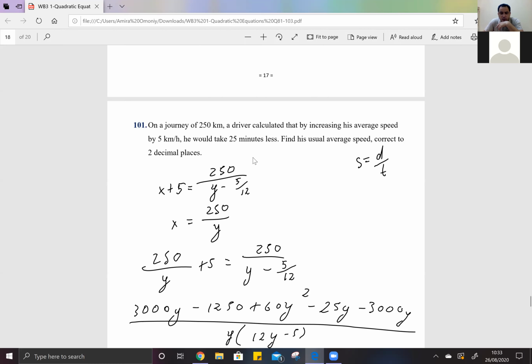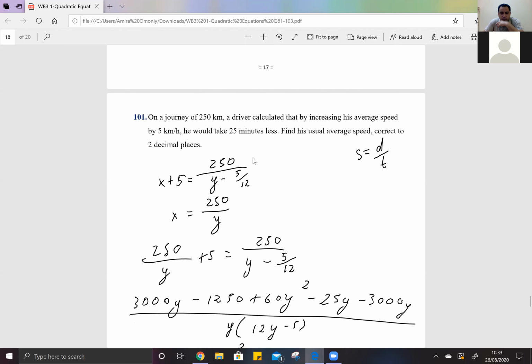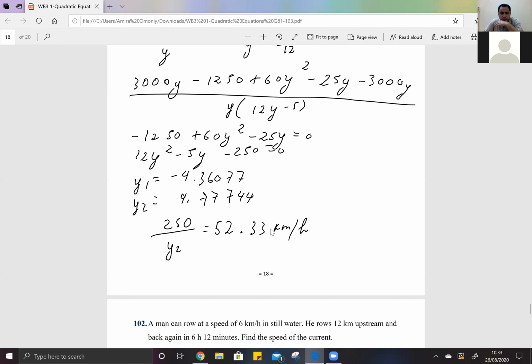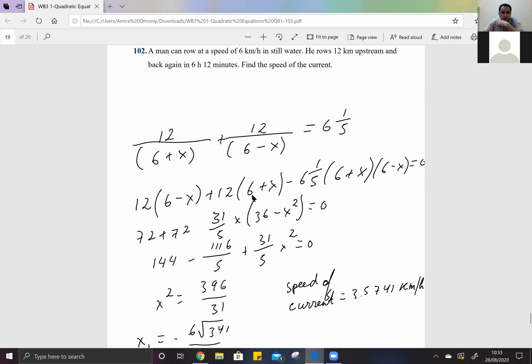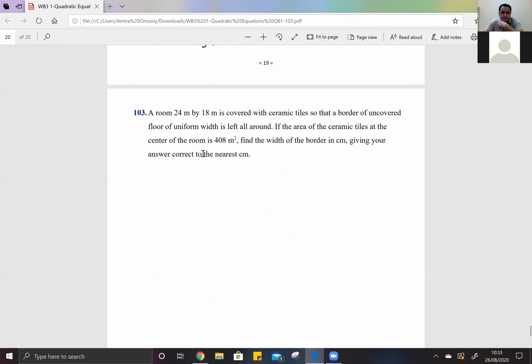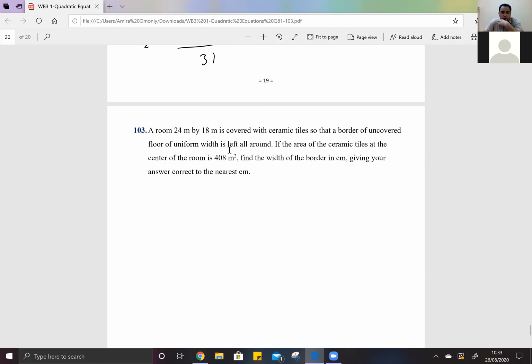On 101, I got this as my answer. So it's no problem, and same with this one, 102. And then this one I didn't understand either, so this is the last one, 103. I didn't understand the question. Okay.